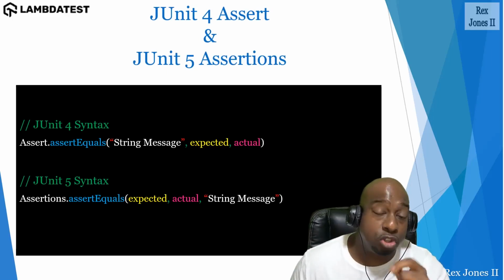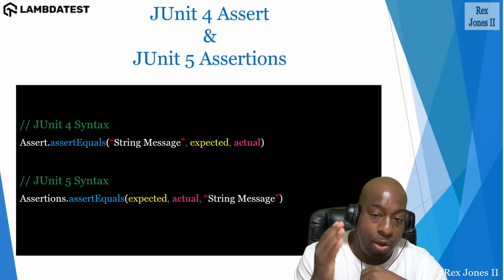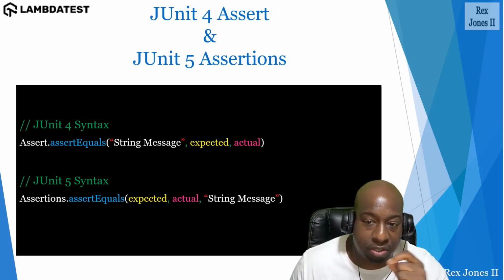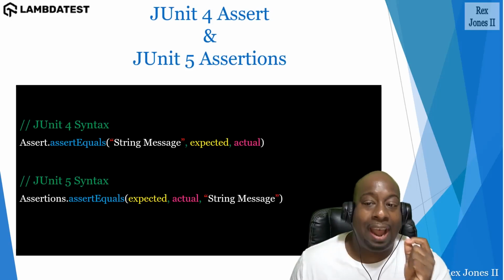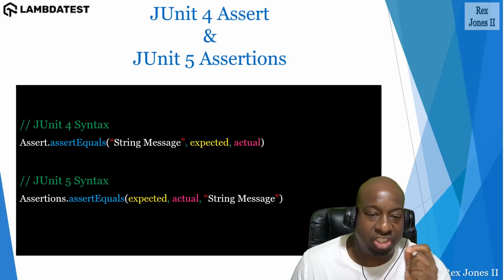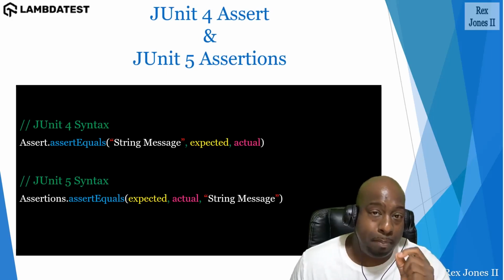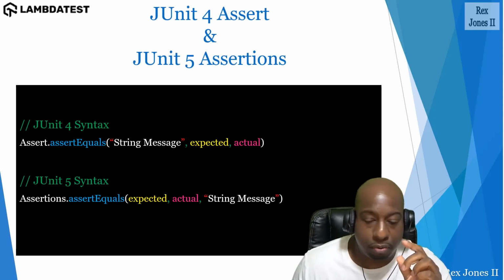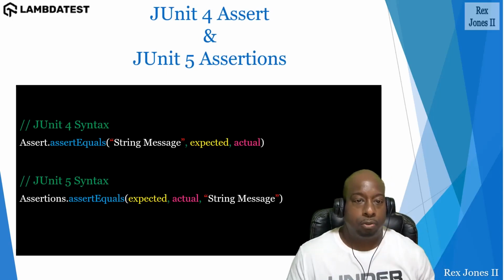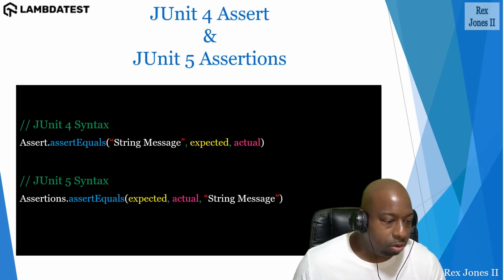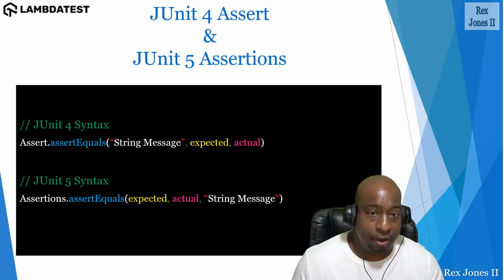We see the parameters are different because JUnit 5 begins with the expected result, followed by actual result. Then the string message is the last parameter. Recall from the previous session, messages only show up if the verification step fails. Let me show you what happens when the verification step fails.